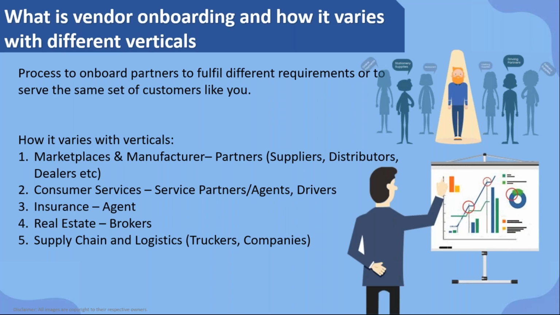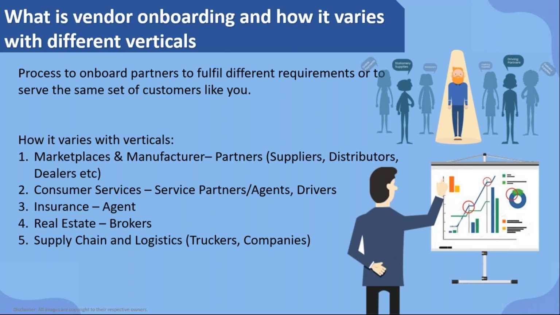That can be an agent, right? It can be a partner who delivers the food, let's say in a food chain, or it can be clothing also, right? So there'll be different varieties of vendors.